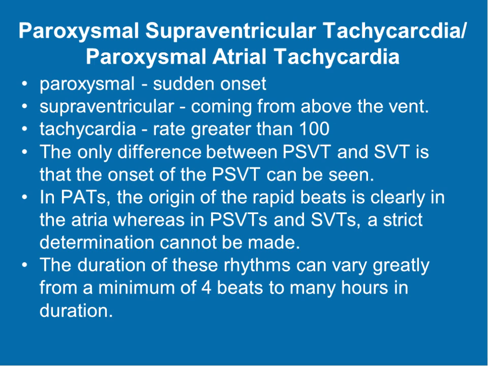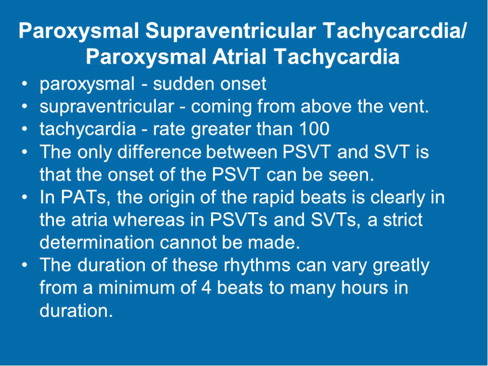And really, the only difference between PSVT and SVT is that in the paroxysmal, you can actually see it begin. So we call it SVT unless we see it start, where the patient has a normal heart rhythm and all of a sudden they go into this supraventricular tachycardia. Then we call it paroxysmal. Now, in the paroxysmal atrial tachycardias, the origin of those very fast beats is clearly in the atria because we can see P waves.